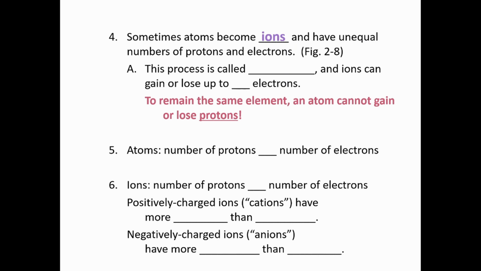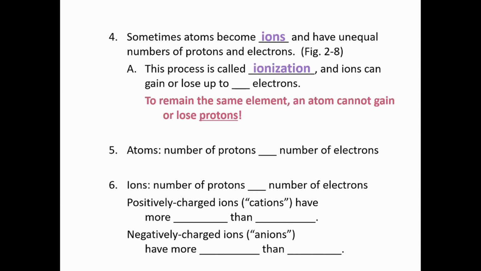Now, because we want to have an outer shell that is full, of either 2 or 8 or 18 or 36, however many, sometimes we can give or take electrons. When we do that, we become ions, where the protons and electrons don't match up in numbers anymore.